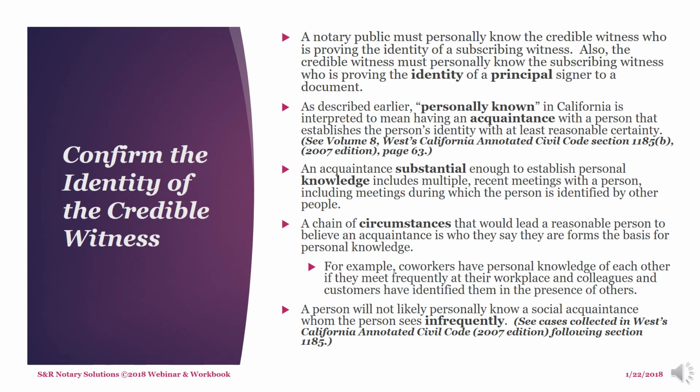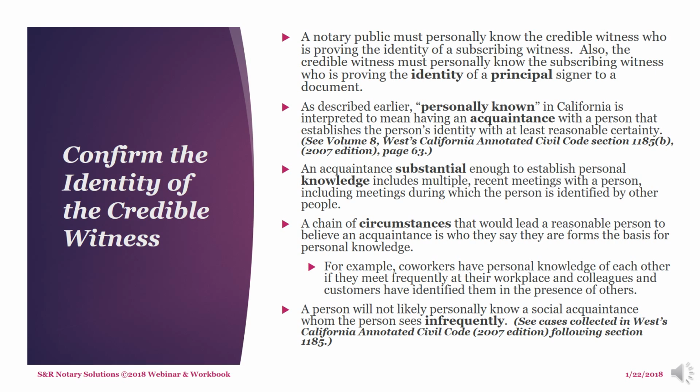An acquaintance substantial enough to establish personal knowledge includes multiple recent meetings with a person, including meetings during which the person is identified by other people. A chain of circumstances that would lead a reasonable person to believe an acquaintance is who they say they are forms the basis for personal knowledge.